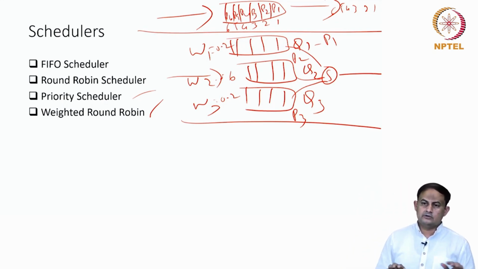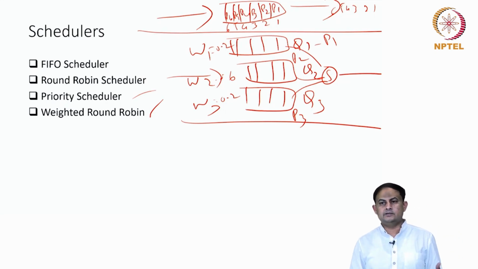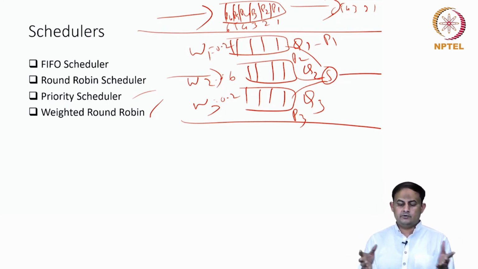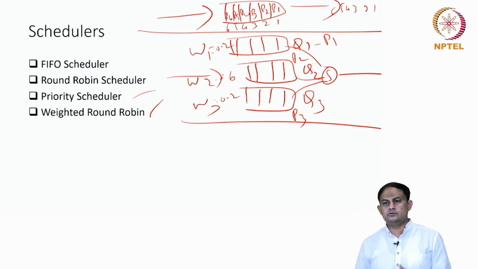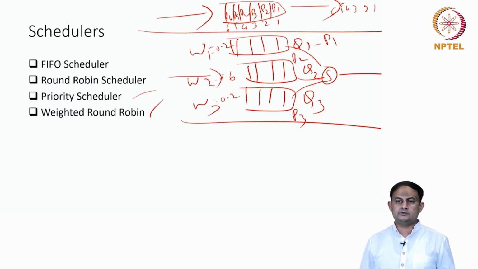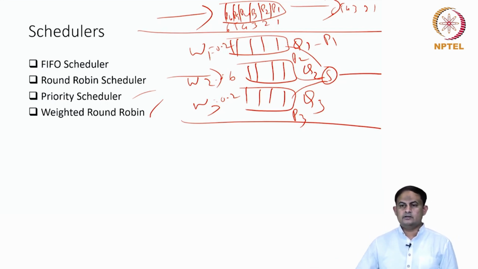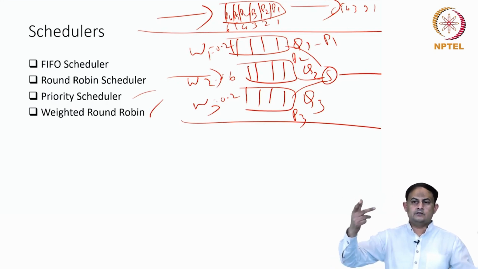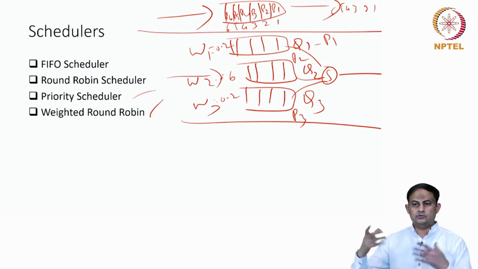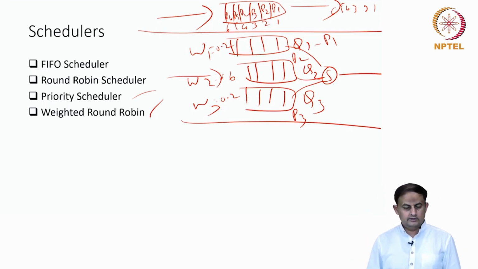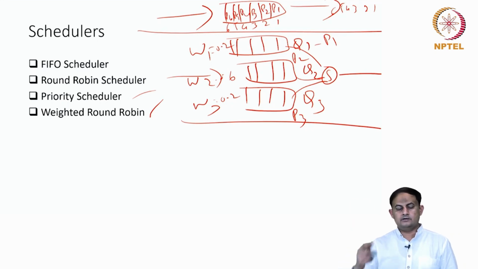Now, you can think of a simple utilization of this: maybe the queue with 0.6 is serving the user or the application which has got the highest priority, and the remaining Q1 and Q3 have the other priority. The next 2 applications have the same priority and they are served from Q1 and Q3. That is how you utilize the scheduler to bring the differentiated service.